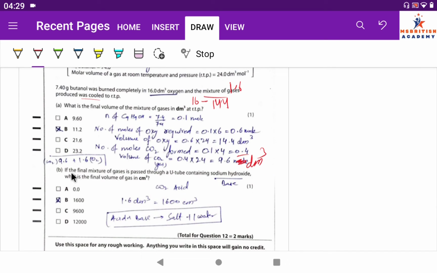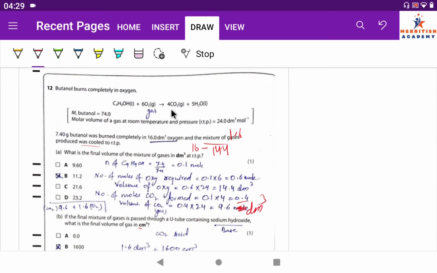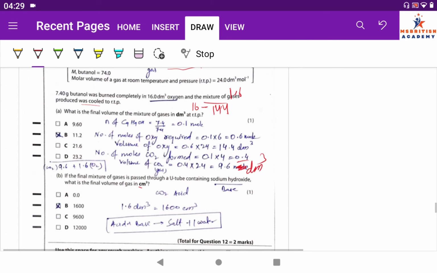Now question B: if the final mixture of gases is passed through a U tube containing sodium hydroxide, what is the final volume of gas in centimeter cube? Sodium hydroxide is a base, and carbon dioxide is acidic, because it is a non-metal oxide, and non-metal oxides are acidic.